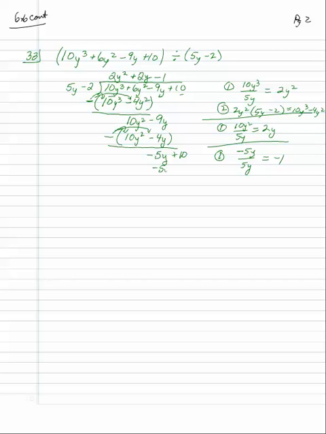Multiply by the whole divisor, so you distribute it. And then you're going to subtract, which gets us 8 as a remainder. Write the remainder over the divisor. So 2y squared plus 2y minus 1 plus 8 over 5y minus 2.